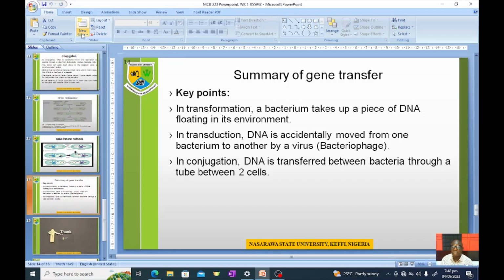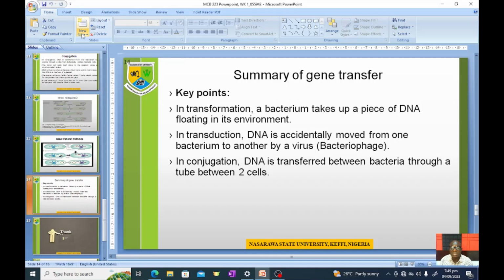In transduction, there is still transfer, and in this case it is accidental. But what is peculiar and key in transduction is that a bacteriophage, that is, a virus that infects bacteria, is the vector which transmits the gene of interest. It is incorporated in the bacteriophage, and it now transmits onto the recipient, which then harbors this gene upon recombination.